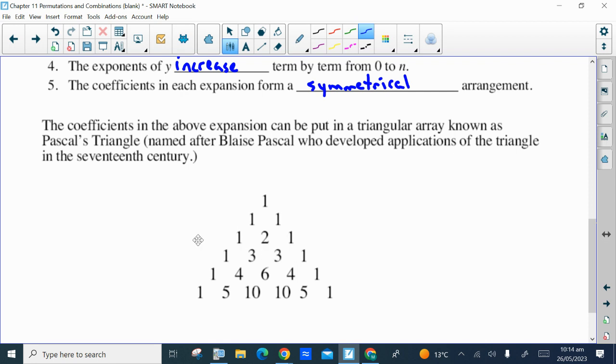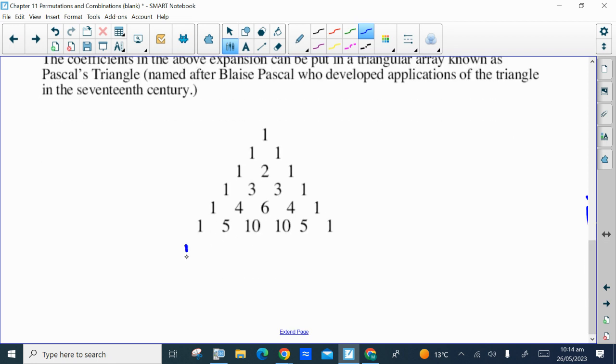And that pattern continues. So we can do a few more rows here. Remember, each row starts with a 1, ends with a 1. To get each number after, you add the two numbers above together. 1 plus 5 gives you 6. 5 plus 10 gives you 15. 10 plus 10 is 20. 10 plus 5 is 15.